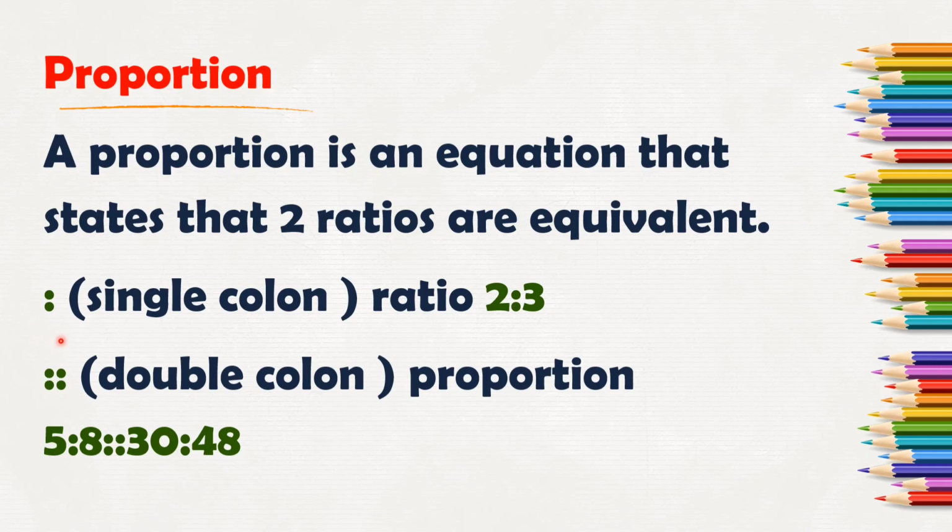Single colon is the sign for ratio and double colon is the sign for proportion. So when we have two equivalent ratios, it is said to be proportionate. If it is not equivalent, then the ratios are not proportionate.